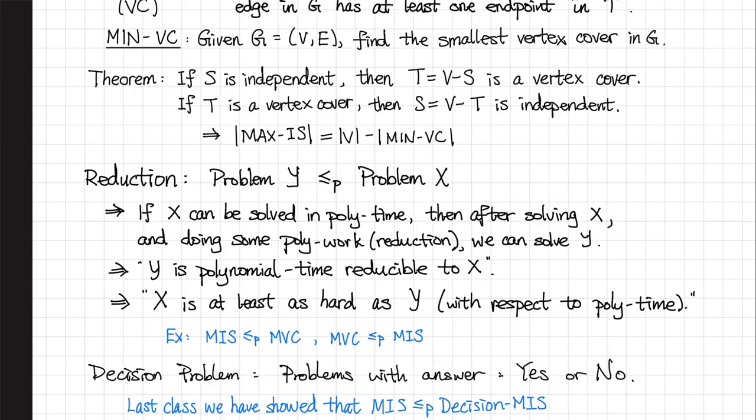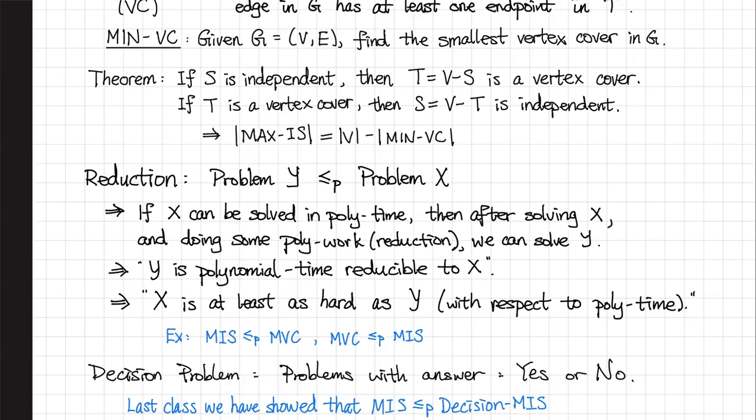And that means X is at least as hard as Y, because you can use X to solve Y. If you are capable of solving a problem, that means your machine must be at least as capable for that problem, and then you might be able to solve the harder one.